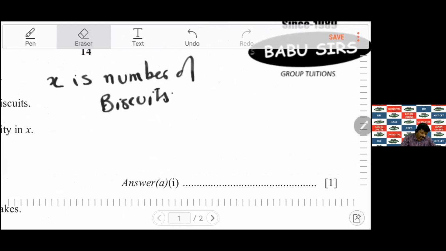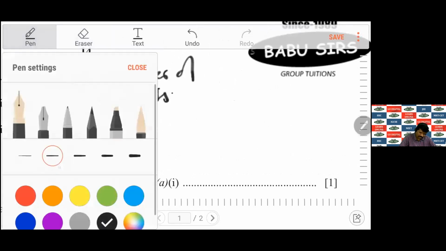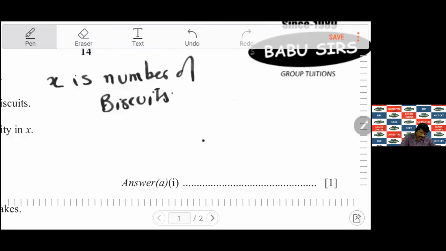X is equal to 4. If Seema is going to buy 10 biscuits, X is equal to 10. So X is equal to the number of biscuits.